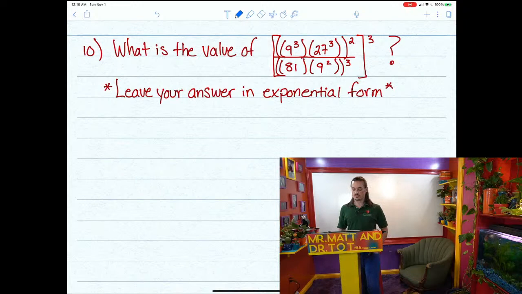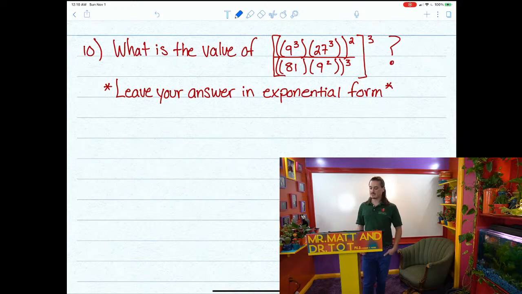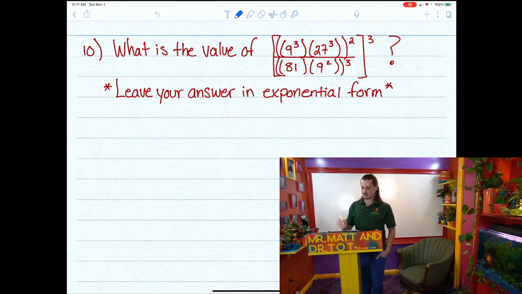The numerator is the quantity 9 cubed times 27 cubed, whole quantity raised to the second power. That's the numerator, divided by 81 times 9 squared, quantity cubed. That's the denominator. And then the whole thing is inside of brackets raised to the third power. And I'd like you to evaluate and leave your answer in exponential form. I'll give you 3 minutes, and then I'll give you the answer.